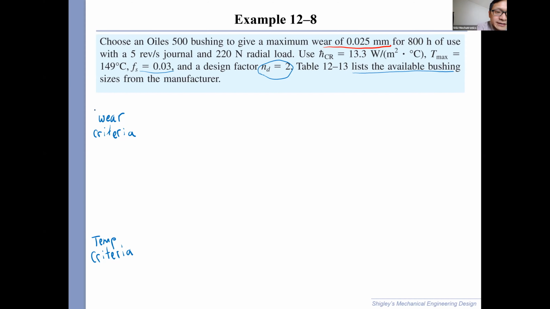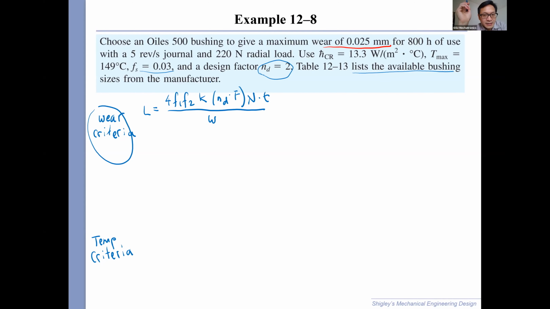So with wear criteria, we're going to use the formula related to wear. Now I'm going to give you the formula already rearranged for the algebraic solution L. The length is on the left side of the equation. It's still the same formula. F1 and F2, you understand from the previous problem.